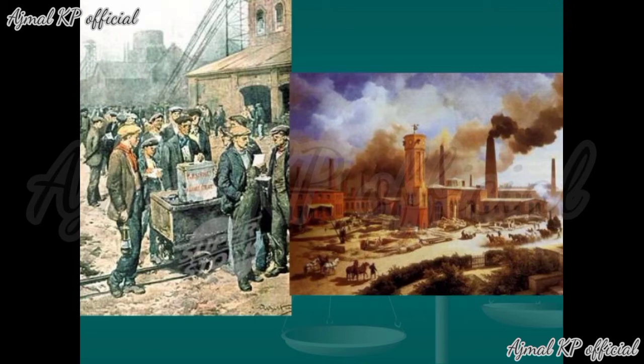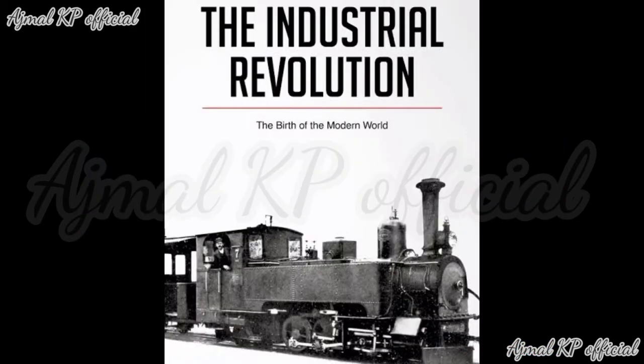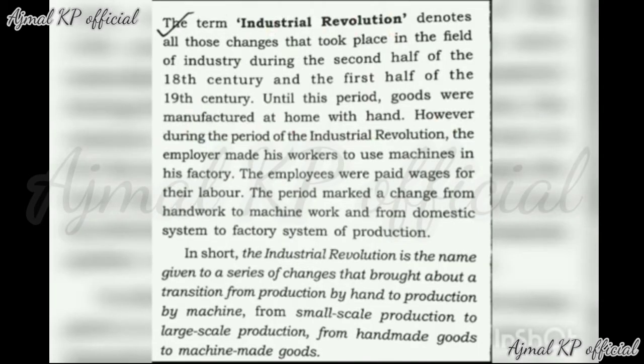Until this period, goods were manufactured at home by hand. However, during the period of the Industrial Revolution, the employer made his workers use machines in his factory. So, before the Industrial Revolution, the people or the companies used to make goods by hand.